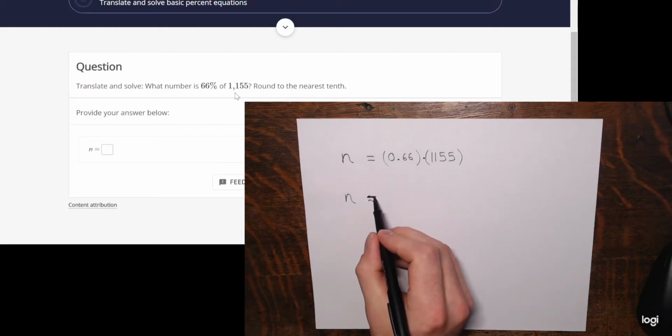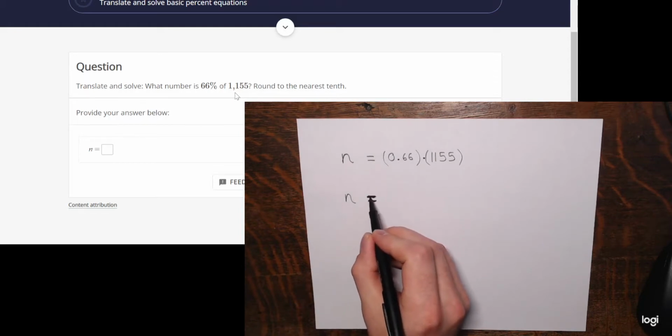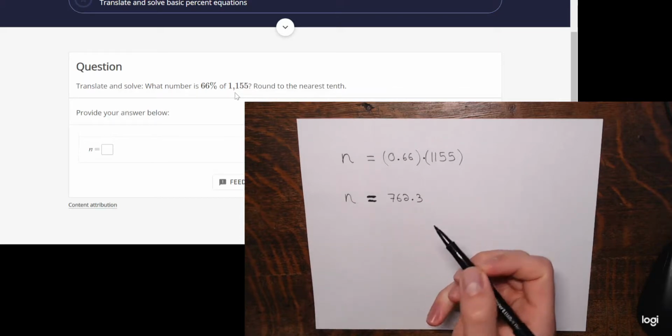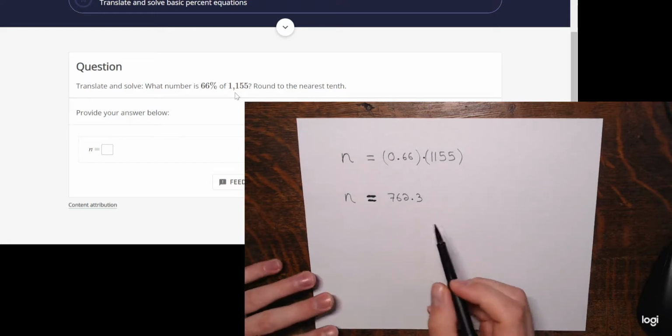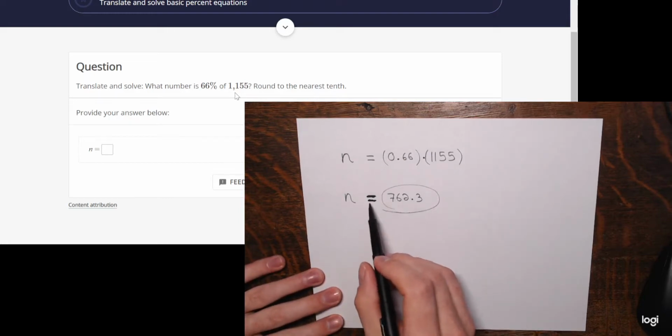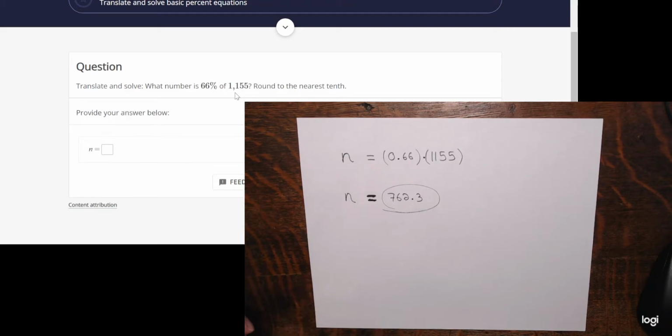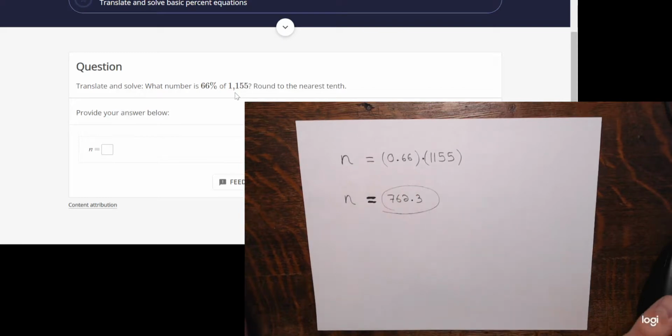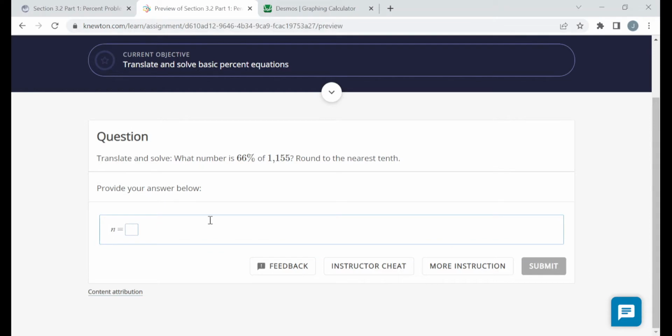This is equal to exactly 762.3, as it doesn't go on any further. So it's not approximately equal to, it actually is equal to this. 762.3 is 66% of 1,155, and that's what I shall enter. 762.3.